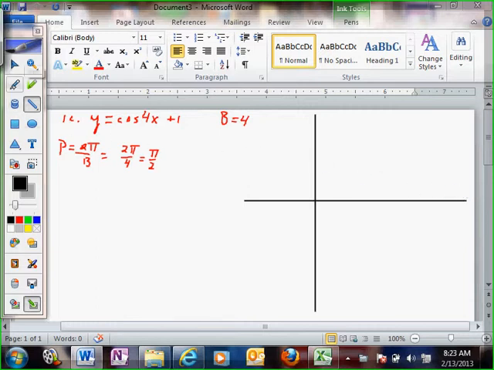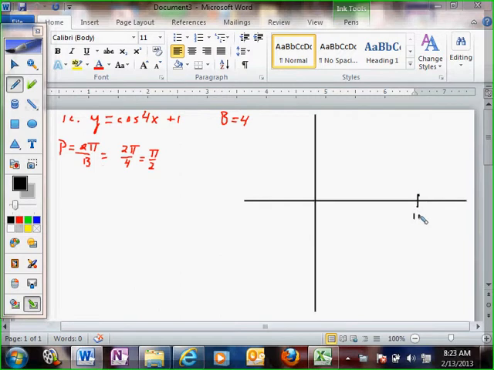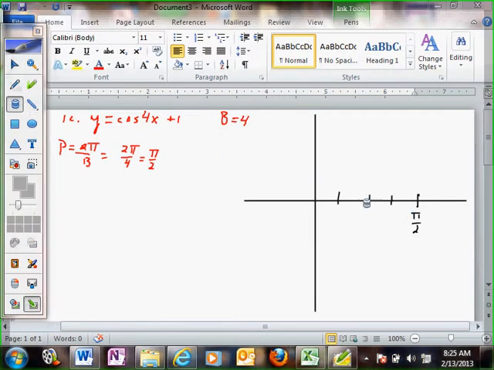Okay, so my period is pi halves, so I come out here to the right and I mark that pi halves. Then I divide this space up into 4 equal parts. And notice that my parts aren't perfect. Yours may or may not be perfect.